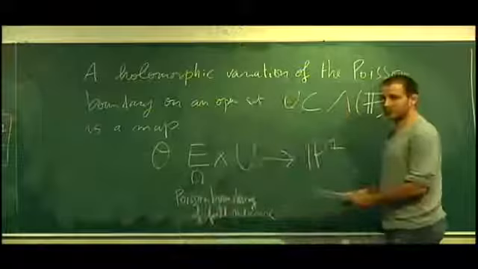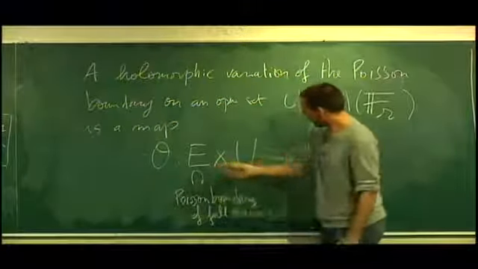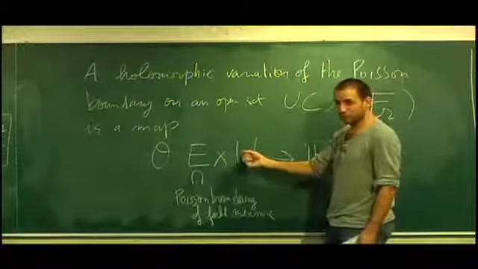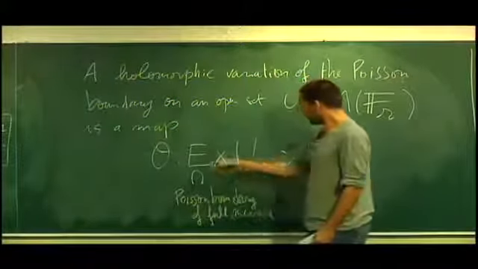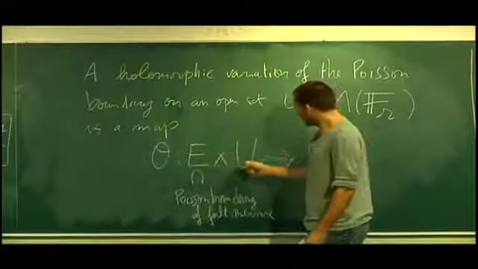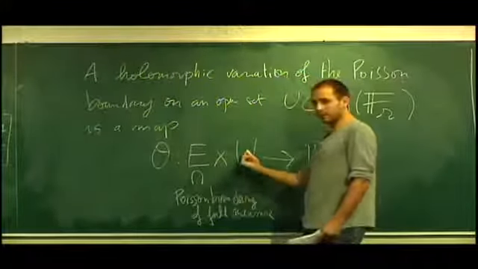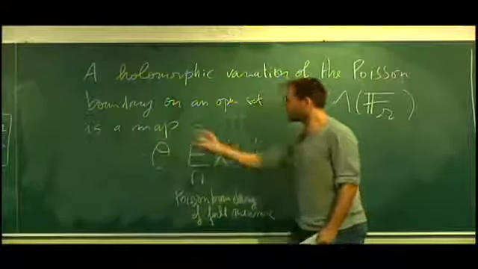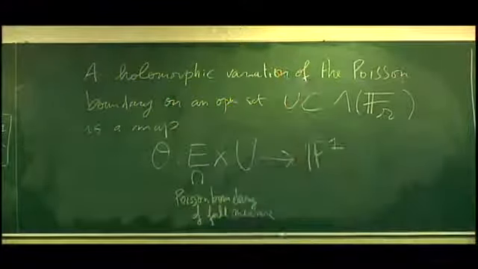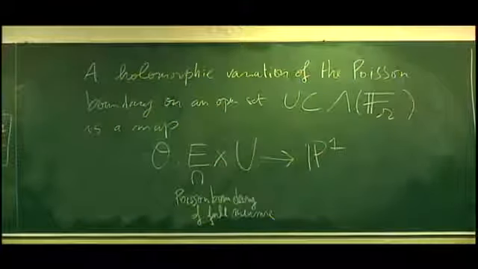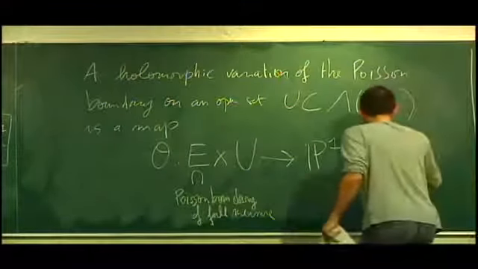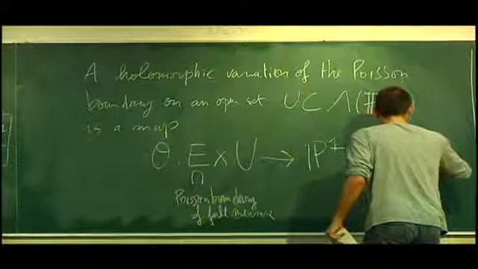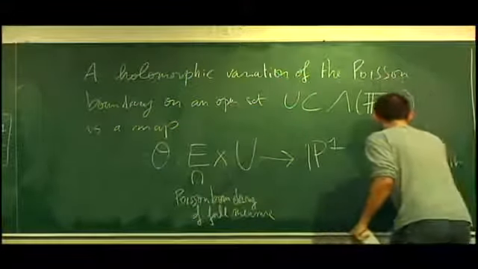And you ask that this map is holomorphic with respect to the variable in U, and is equivariant with respect to the variable in E, namely if you fix an element in U, then the map theta is a boundary map in the sense that we just defined before. So it is equivariant with respect to the E variable.